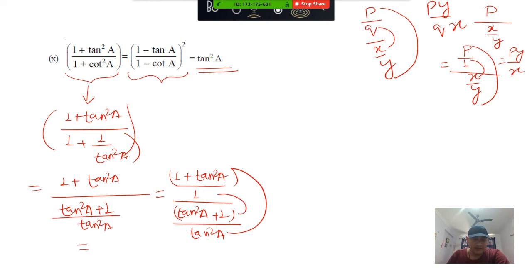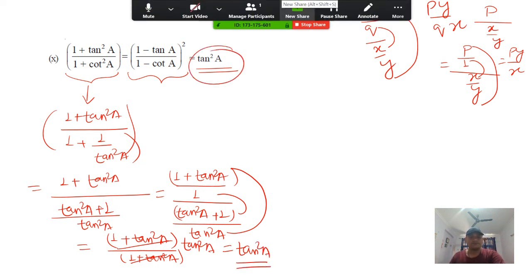So this comes as 1 plus tan square A into tan square A divided by 1 plus tan square A, and here this tan square A gets cancelled and the final result remaining is tan square A. That's what we have to get here.